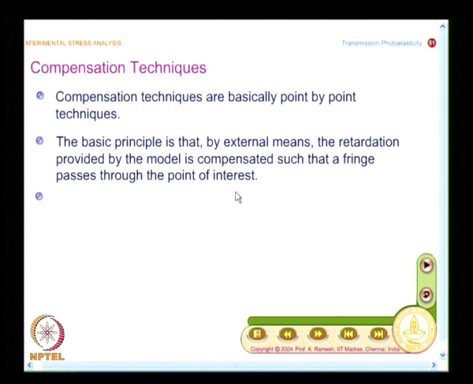And the moment I bring in compensation, I also made a statement that in photoelasticity you get only positive fringe orders. This refers to total fringe order, sigma 1 minus sigma 2 equal to n f sigma by t or n f sigma by h. Because sigma 1 minus sigma 2 is always positive, n is always positive.